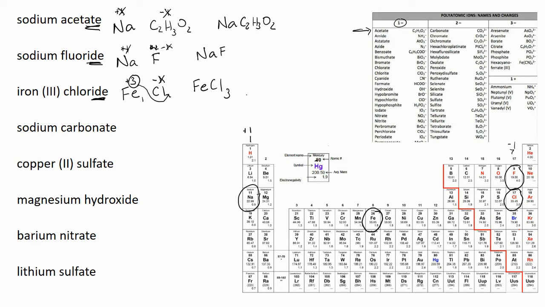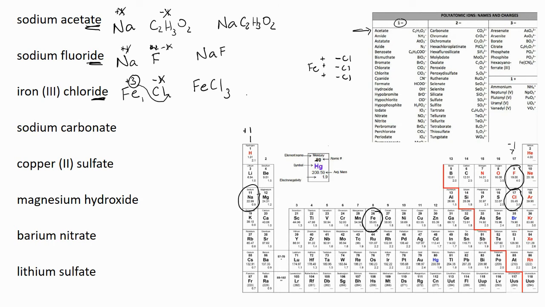Another way to think about it is that our iron has a +3 charge. And so in order to balance it out, in order to get a final charge that's neutral, we need to have 3 chlorines. Because if you have an Fe that's a +3, and each chlorine is just 1 minus, then in order for all of our charges to balance out, to do the charge accounting, we need 3 total chlorines.